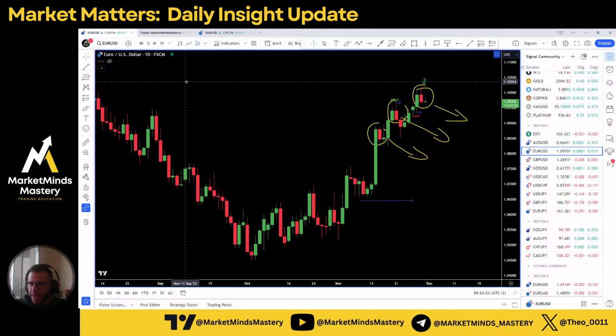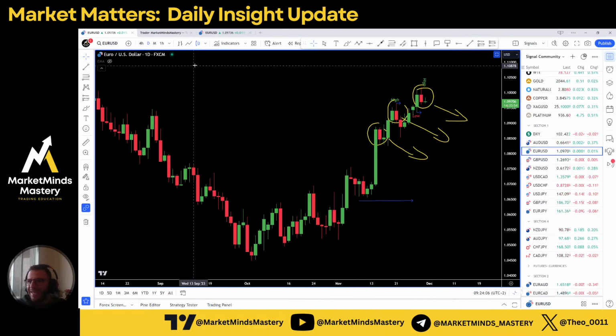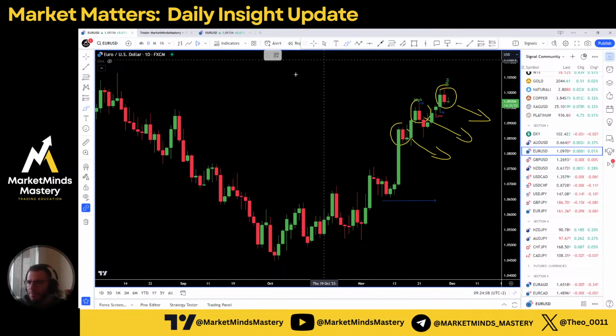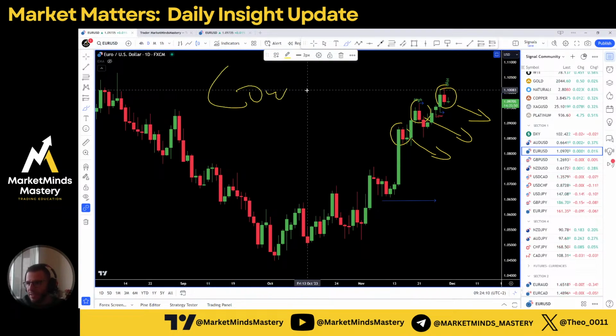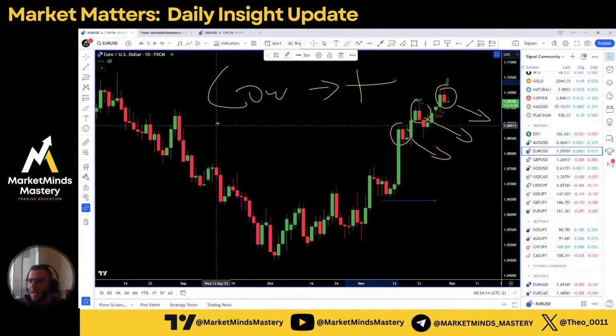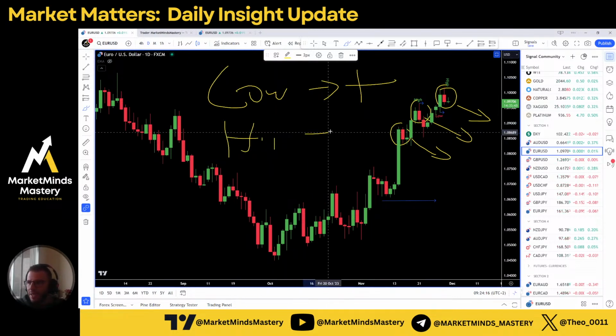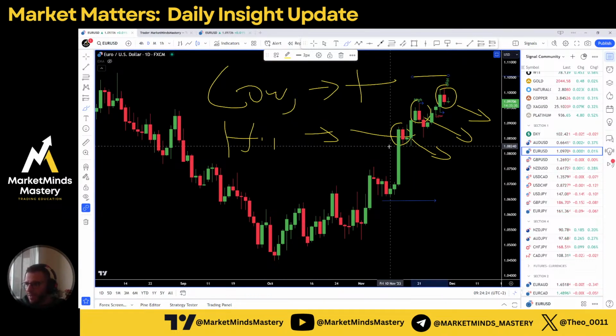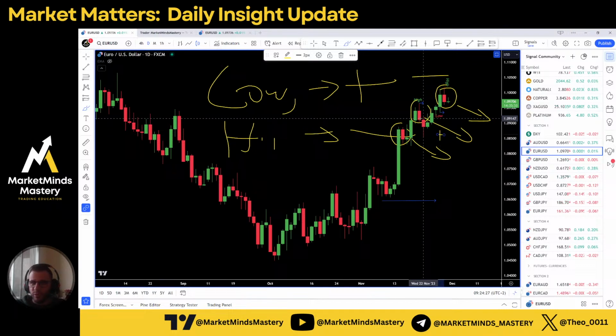And I explained many times, a low probability setup can give a winning trade. A high probability setup can give a losing trade. But also a low probability setup can give a losing trade, and a high probability setup, of course, can give winning trades.